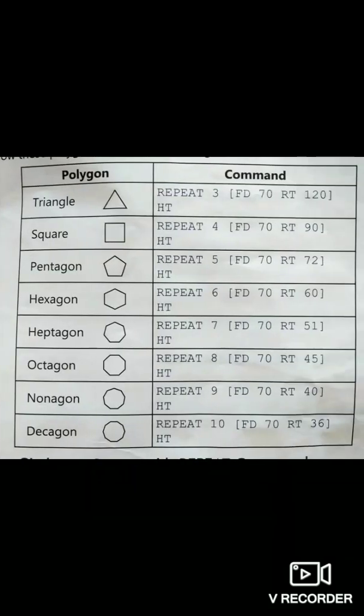So children, first of all, go to page number 69. There you can find a chart related to polygons and the commands. In it you can see triangle, square, pentagon, hexagon, all the closed shapes, and the number of sides of each shape is mentioned there.